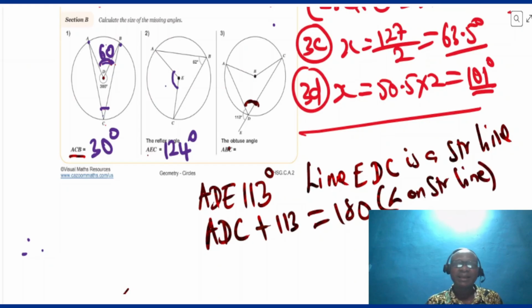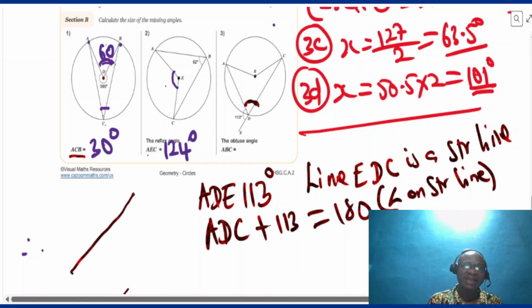Okay? Line EDC is a straight line. Therefore, if I add the angle 113 and the angle ADC, the two of them must be 180, because we have agreed that any straight line must have angles on one side that add up to 180.